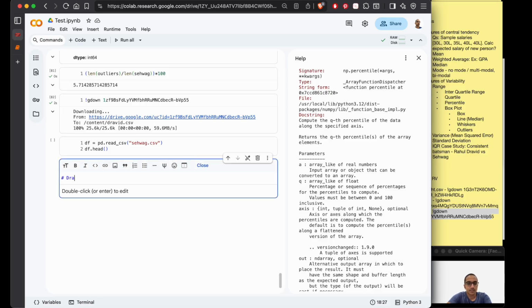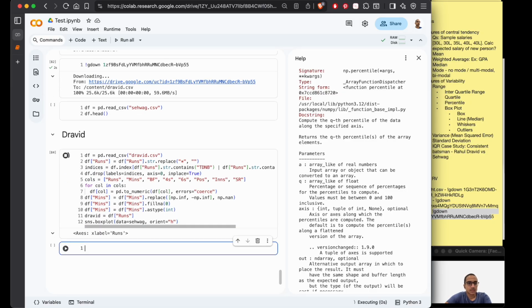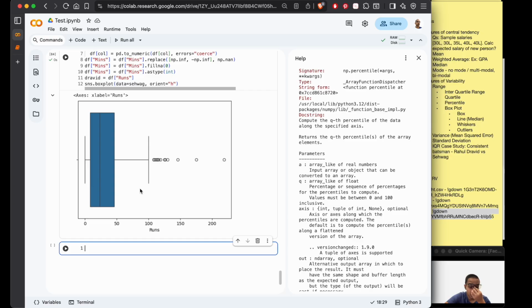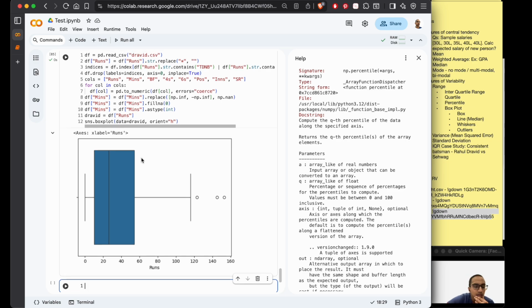Now for Dravid, let's run it. Is this Dravid? No, this is Sehwag. So this is Dravid's box plot, right?